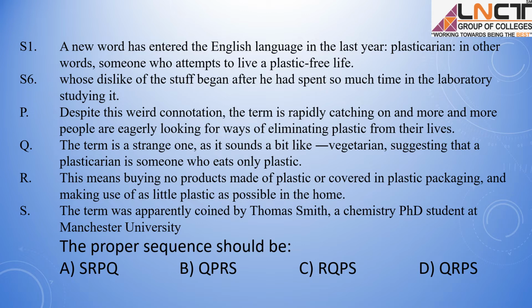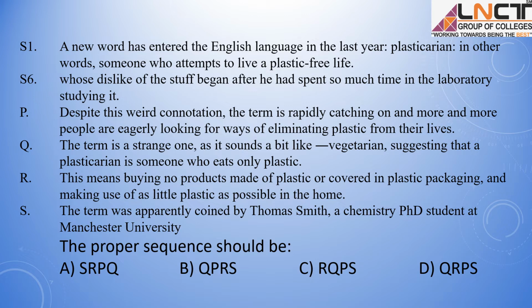Q says the term is a strange one. Okay, it may be because in S1 there was this word plasticarian. R says this means buying no products made of plastic or covered in plastic packaging and making use of as little plastic as possible. Okay, so we have a problem here.